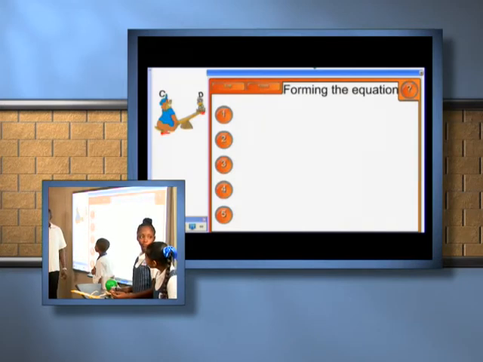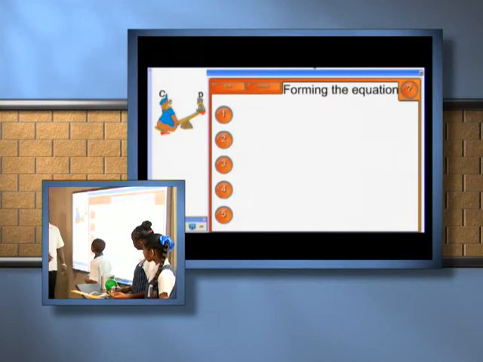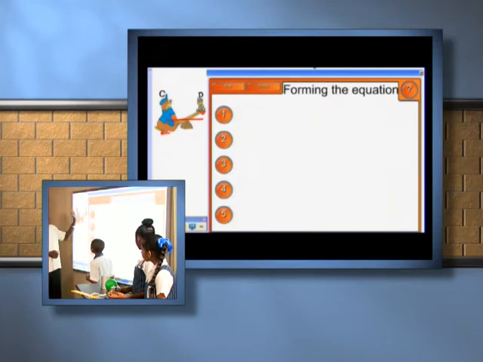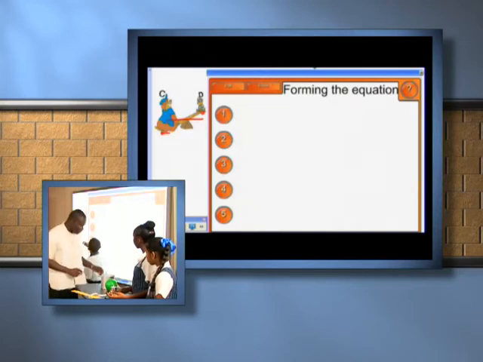If the circumference is bigger than the diameter, then most likely this side is going to be heavier. So it is not equal at the moment. What we want to do is establish a relationship whereby when we take the circumference and the diameter on this seesaw, it's going to be level. So we want to do something with the diameter or something with the circumference which is going to make it level. Good. So what is our next instruction?